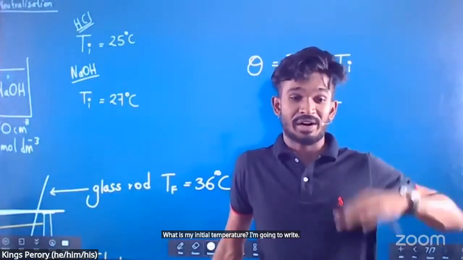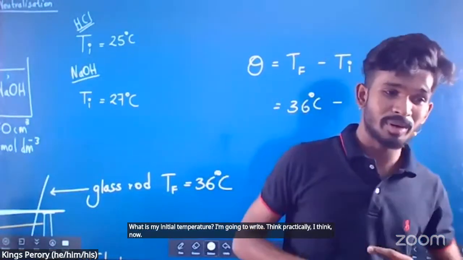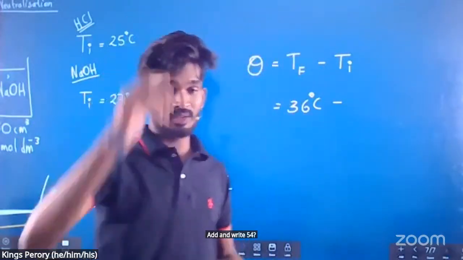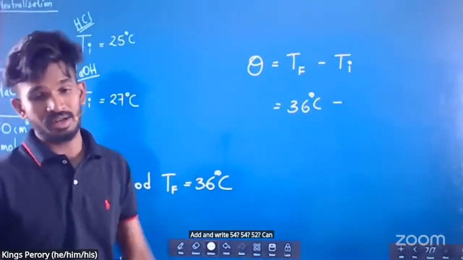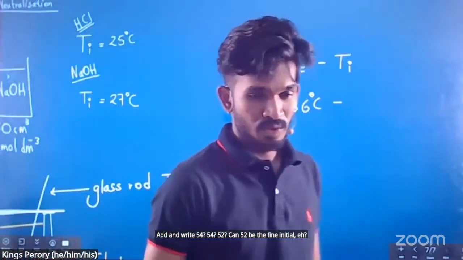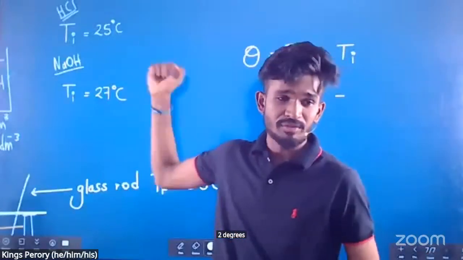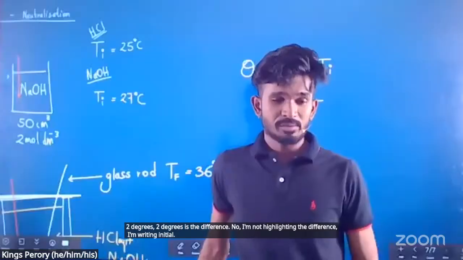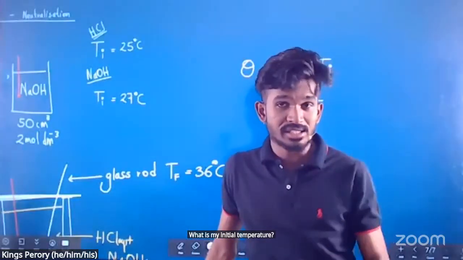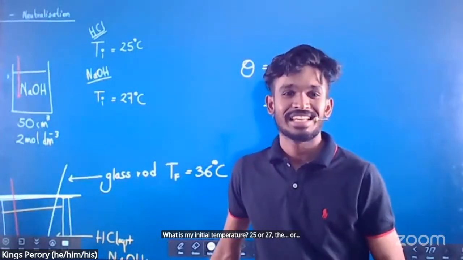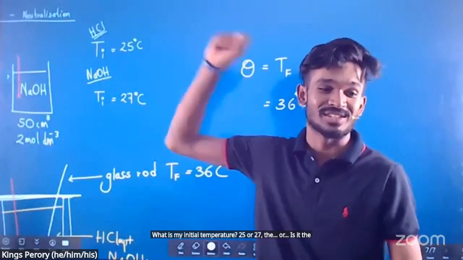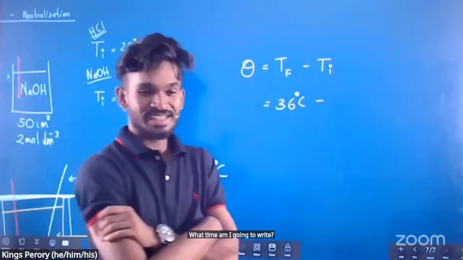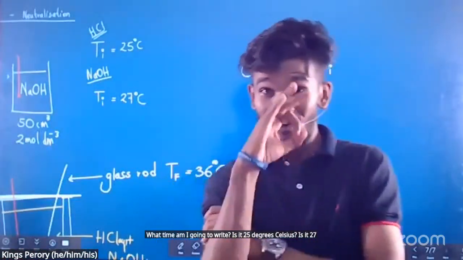Think. Practically adding, these are things that are going to happen. Add and write 54? 52? Can 52 be the initial? Nah. 2 degrees is the difference. No, I'm not writing the difference. I'm writing the initial temperature. Is it 25 degrees Celsius? Is it 27 degrees Celsius? Or is it the average?